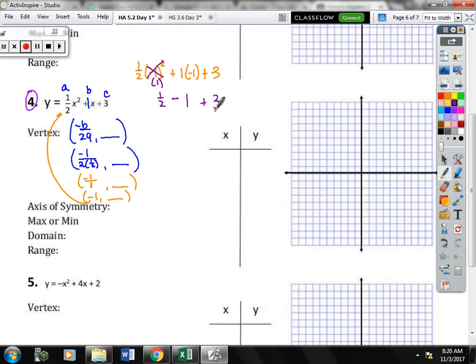And then we have our plus 3. In order to subtract these, most of you would just take 1/2 minus 1, and we would get -1/2, but if not, make a common denominator. 1 minus 2 gets us a -1/2. You can switch that around to be 3 minus 1/2, which would be 2.5, which is probably easier. Otherwise, you can find a common denominator.